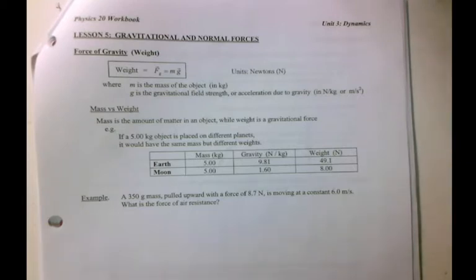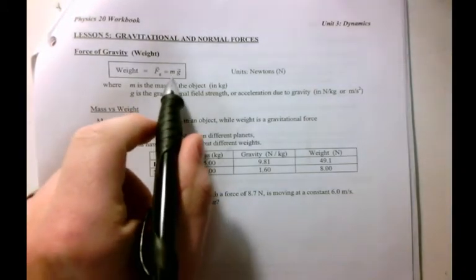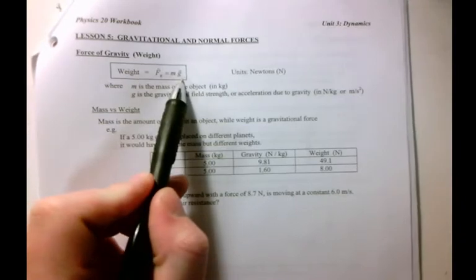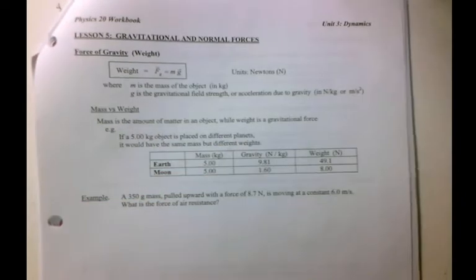So weight is coming from the mass and the acceleration due to gravity. So weight is actually a force in our physics world. So when somebody says that they weigh 150 pounds, what they're really saying is that their mass on Earth is 150 pounds, and they would weigh 150 times 9.81 newtons, right?